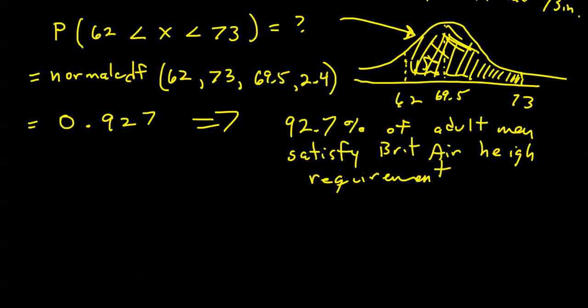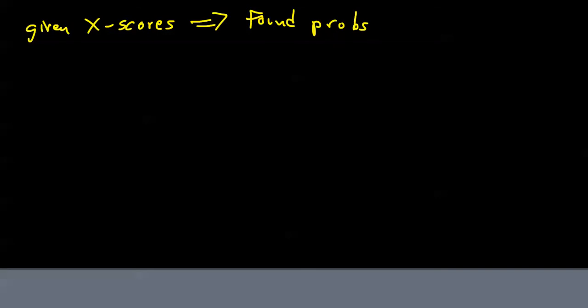Alright, what we've done in the last 2 examples, we were given not z-scores but x-scores because we were in non-standard situations, and we found probabilities, and we did that using our normal CDF operator as shown above.